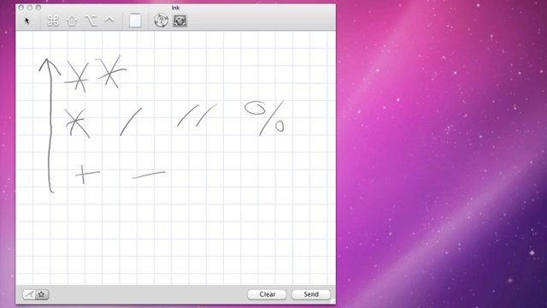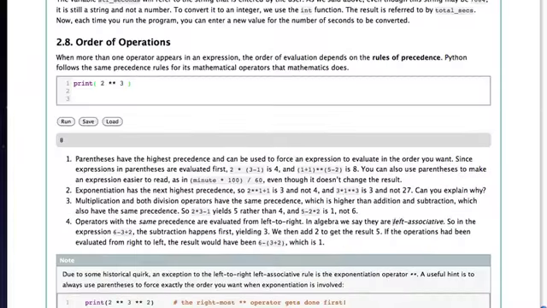And so if we come here and modify this example to say 2 raised to the third power plus 1, can you think about what would happen? Well, the exponent operator will be done first, so 2 raised to the third power would be 8 plus 1, so the answer should be 9. But again, we can use parentheses to force the precedence of the addition to be done first.